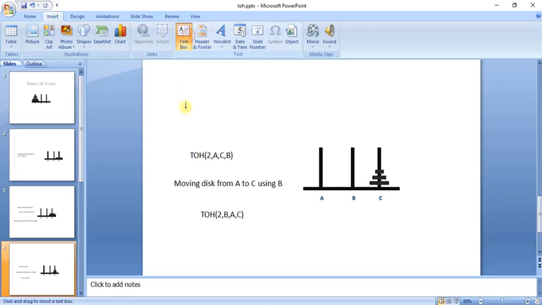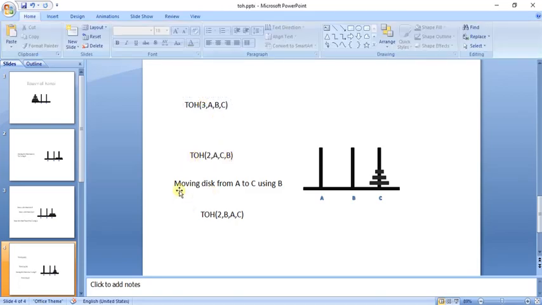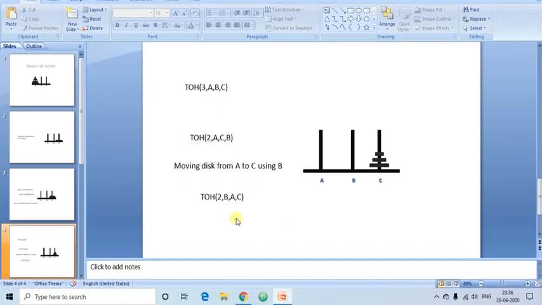In a Tower of Hanoi problem there are three disks, and we have to transfer all the disks from A to C using some auxiliary tower, let's say B. So first we have to do this one, and then we have to move from A to C, then again we have to come back to this one.